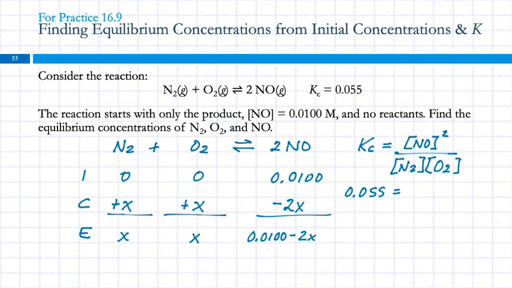So that must equal NO is going to be 0.0100 minus 2x, quantity squared, divided by x times x. Okay?